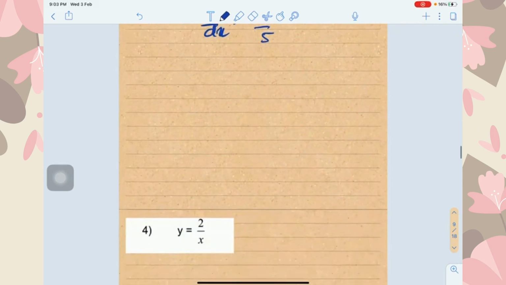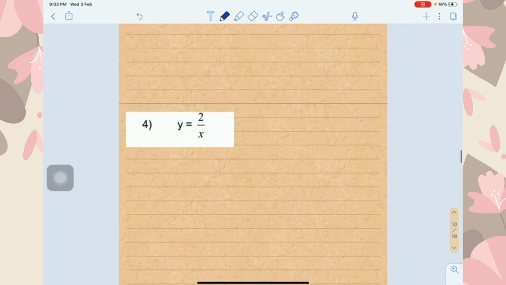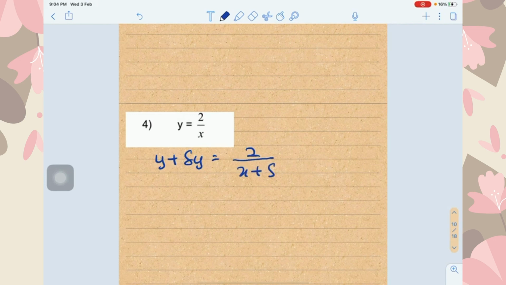Next, here we have y equals 2 over x. So y plus delta y equals 2 over (x plus delta x). Substitute y, which is 2 over x, plus delta y equals 2 over (x plus delta x).